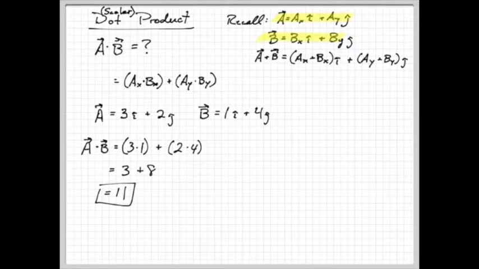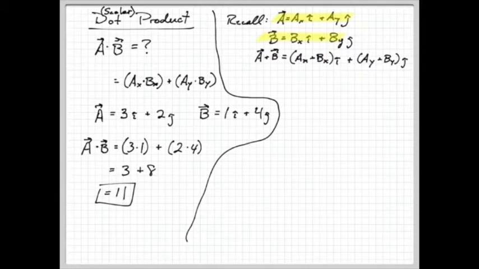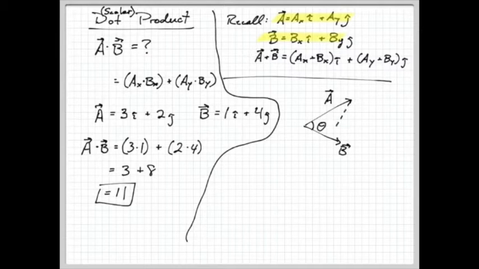Now, what's unique about the dot product is it's a way to mathematically pull out the parallel nature of vectors. So if I had a vector A sitting like this, and a vector B over here, two vectors A and B separated by some angle, what the dot product does is it pulls out the components of these that are parallel to each other.